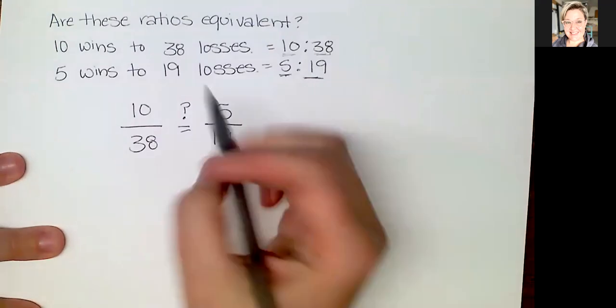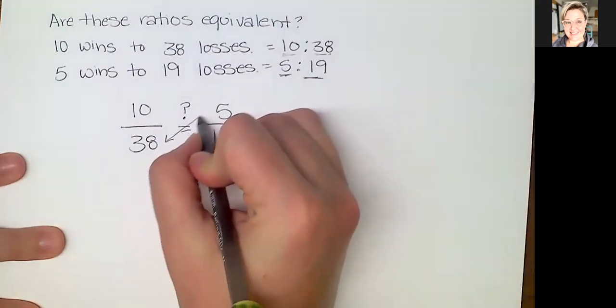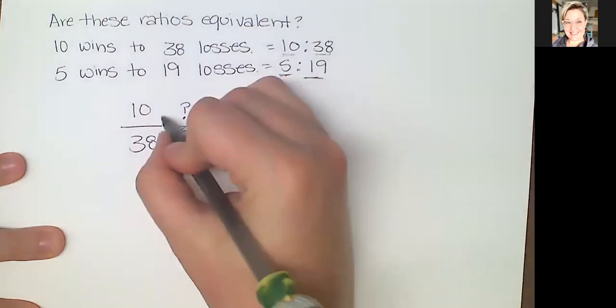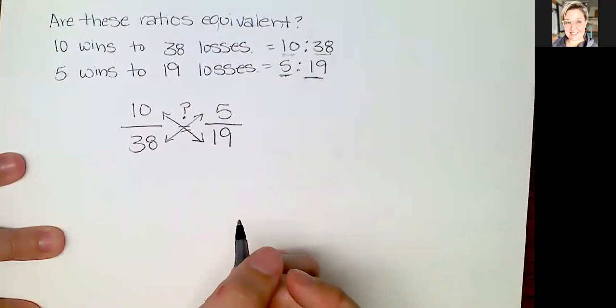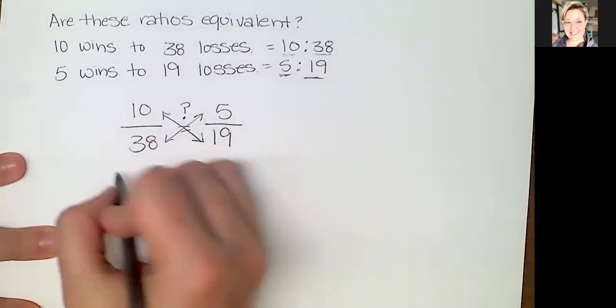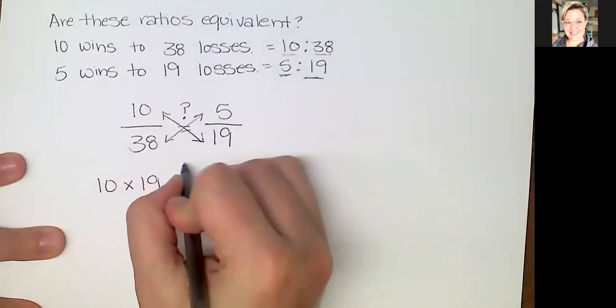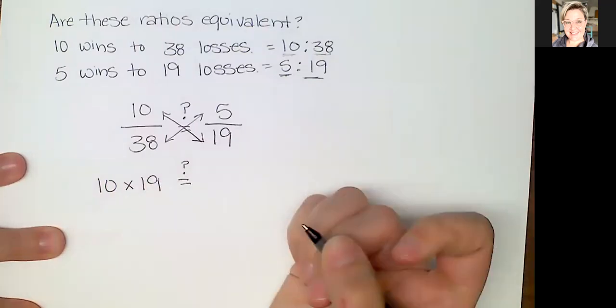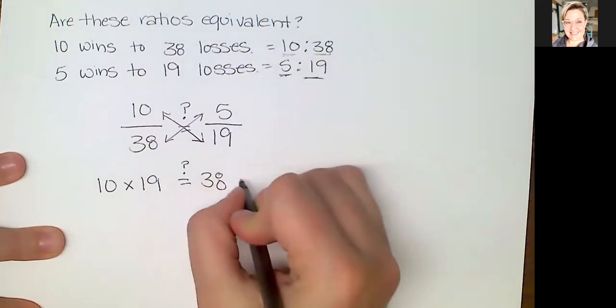Okay, now we're doing the same thing as we had done before. We're going to cross multiply. So the first thing we have is 10 times 19. And we're deciding if that is equal to 38 times 5.